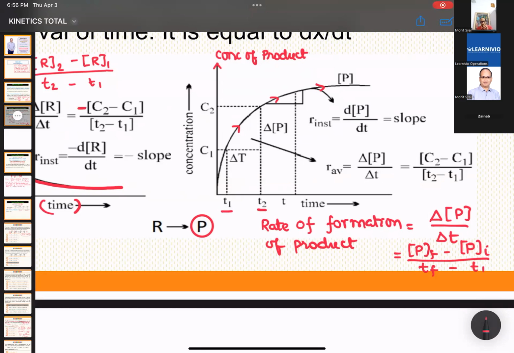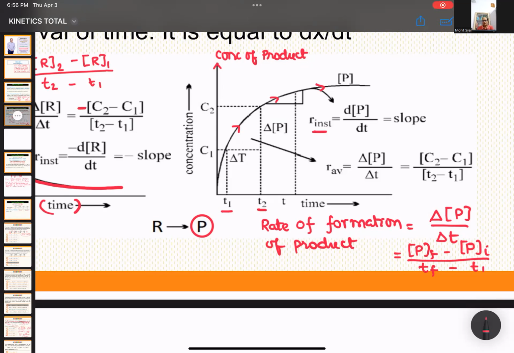But can we calculate using differentiation? Yes, exactly. Very good. You can calculate using differentiation if it is given that you need to find the instantaneous rate. Instantaneous rate means at a particular time t. There you do not have two different points like t1 and t2, you have just one time.